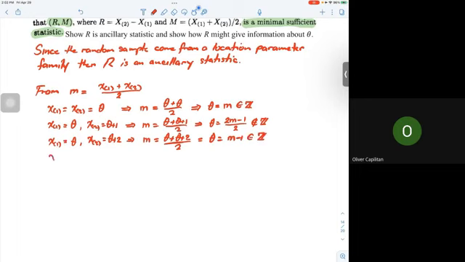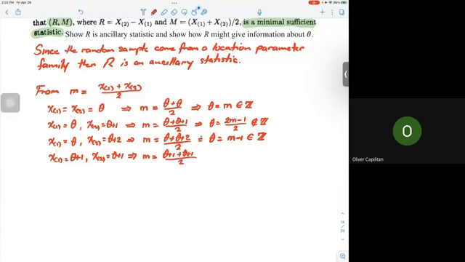Okay, next. x sub 1 would be theta plus 1, and then yung x sub quantity 2 is theta plus 1. So this would imply that m here, we have theta plus 1 plus theta plus 1 divided by 2.